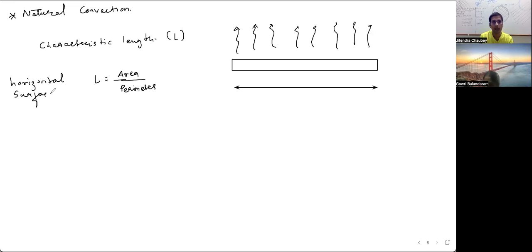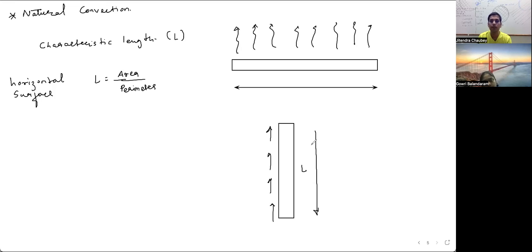If the plate is kept vertical, the fluid would go in the upward direction. If this is the length of the plate, the characteristic length for a vertical surface would be equal to L itself.